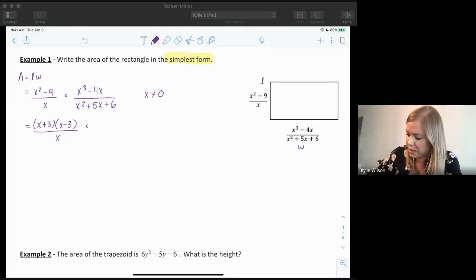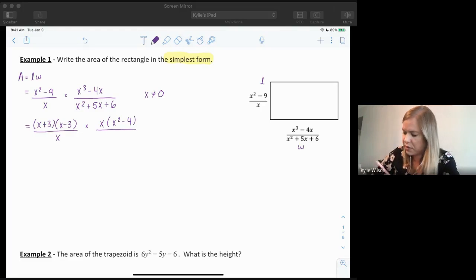So I can factor an x out of that. I'm left with x squared minus 4. And all of that is over, when I factor this, I need to find two numbers that add to 5, two numbers that multiply to 6. And those would be 2 and 3. And then because that first number is 1, I can just take that and put it right into my equation.